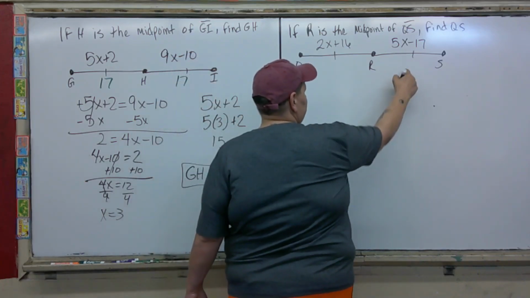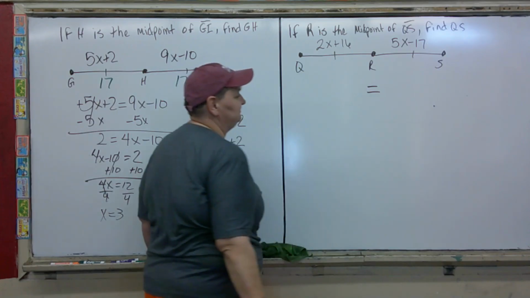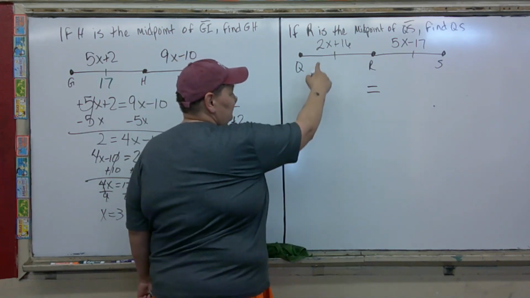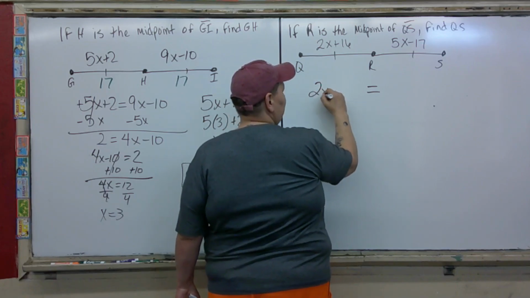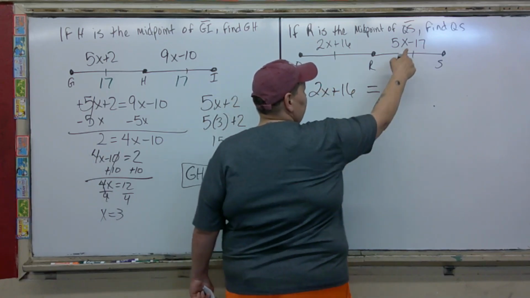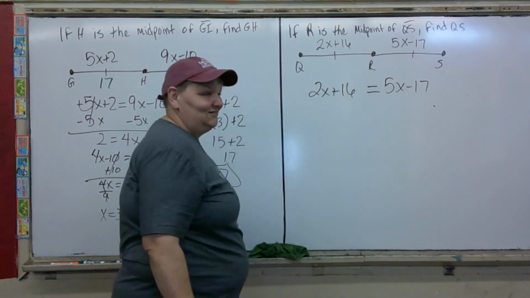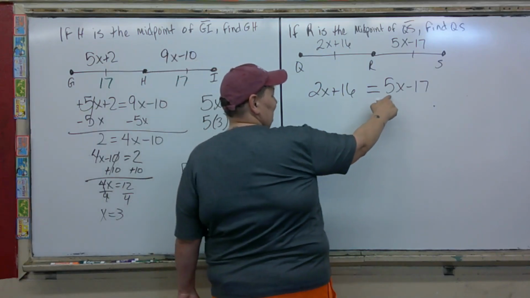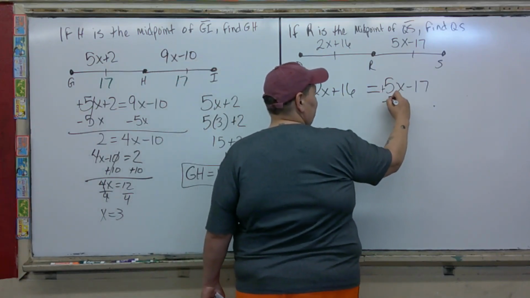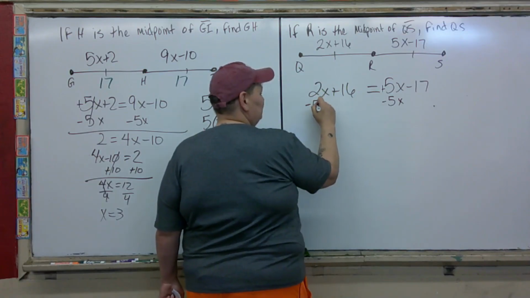We know this side is equal to this side. So 2x plus 16 is equal to 5x minus 17. It's a positive 5x, so we're going to subtract 5x from both sides.